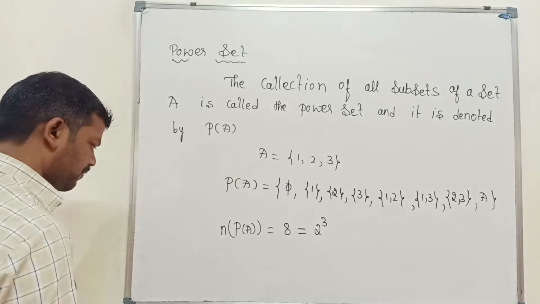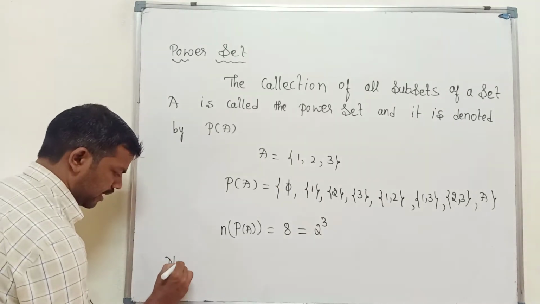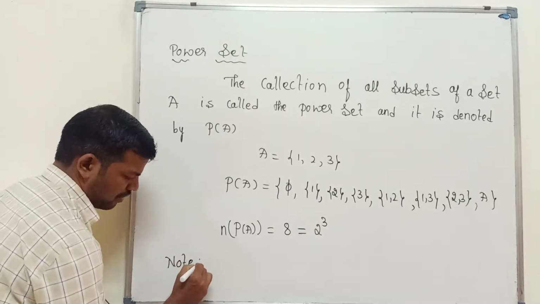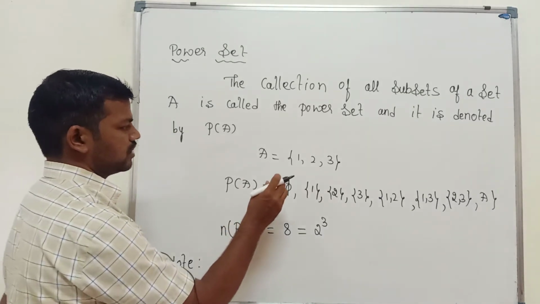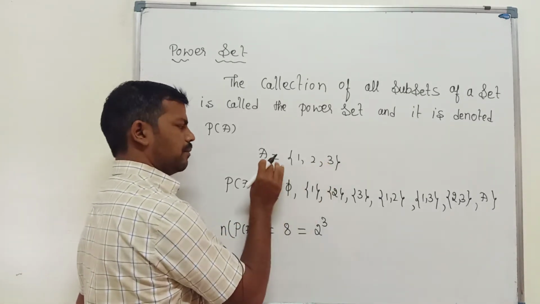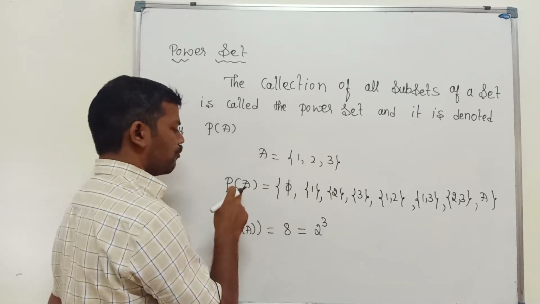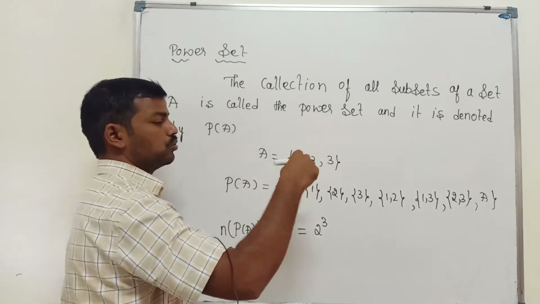So now take a note regarding the power set. Here we clarified that if we have n number of elements in A, then the number of elements in the power set is 2 raised to n.